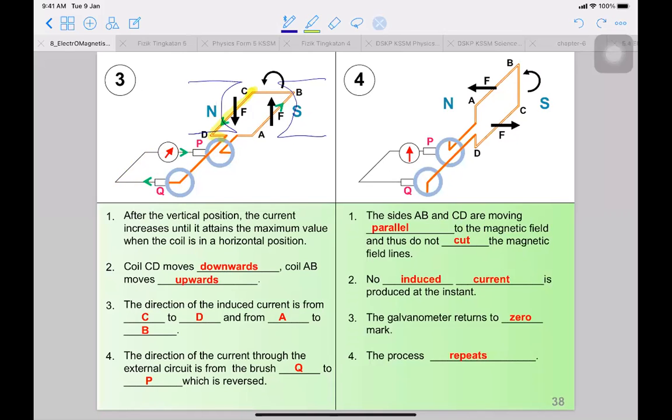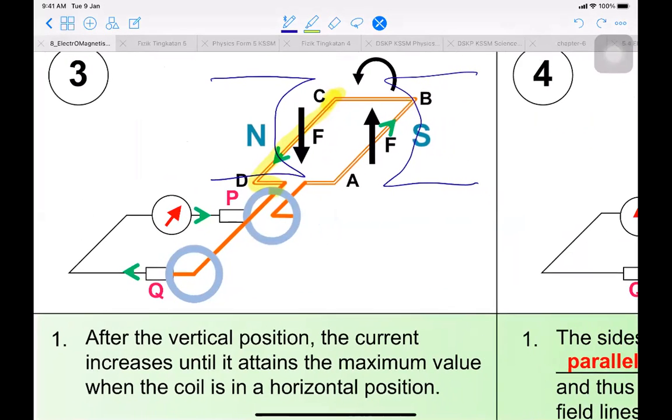The connection of the coil with the slip rings. So the induced current will flow from CD and then go to here and then Q to P. Q to P and then through this slip rings going to the other side and then A to B. Dapat?